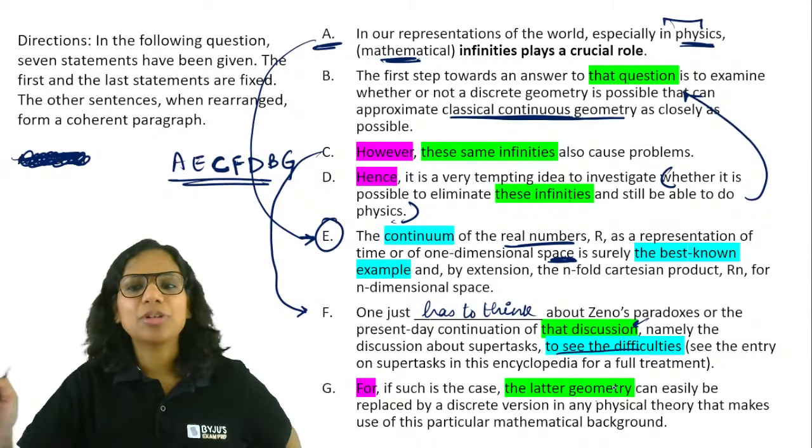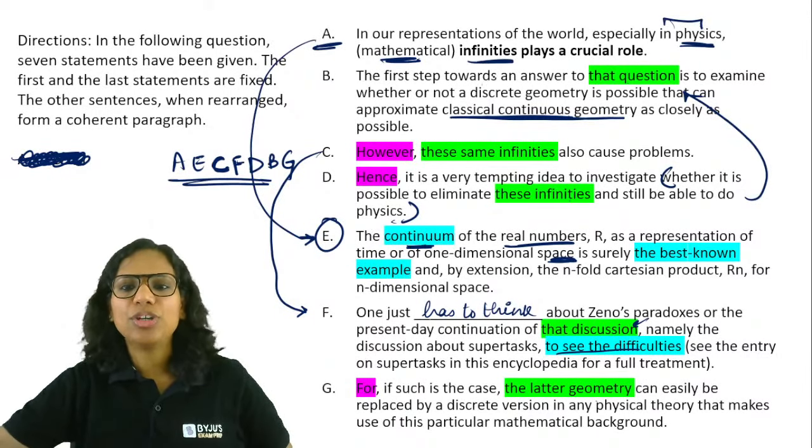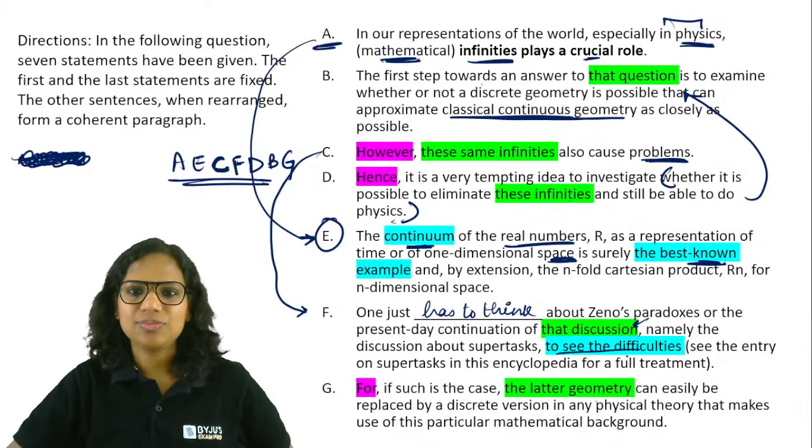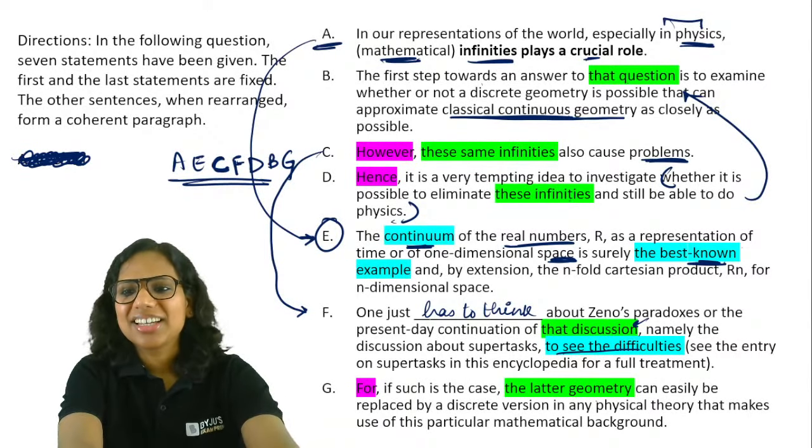But again, these are grammar-based clues. These are your transition words, yes? And these are your theme-based clues. Continuum can be related to infinity. Example of what? Example of how important it is. Difficulties. What difficulties? We are talking about the problems, elaborating on the problems. I hope now it makes perfect sense to everybody. Right.